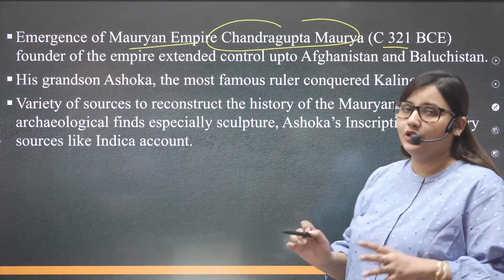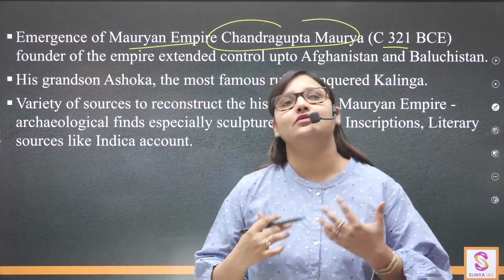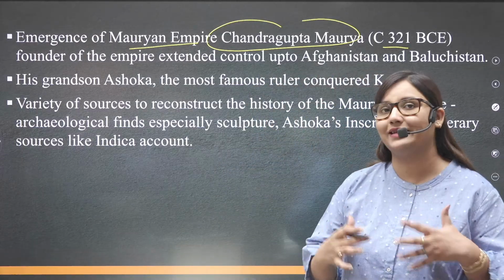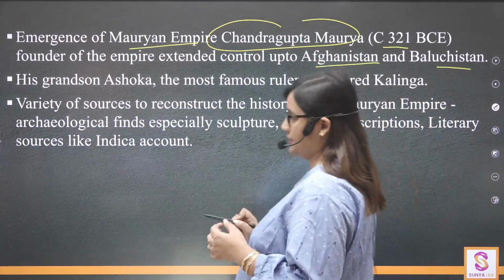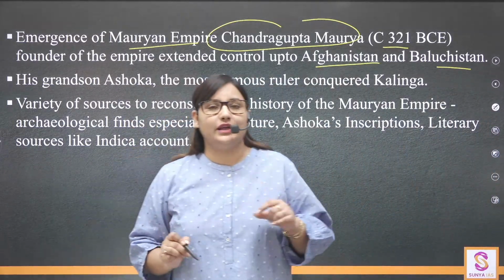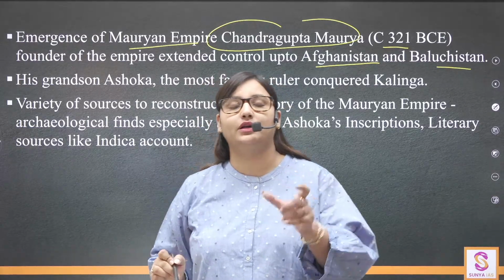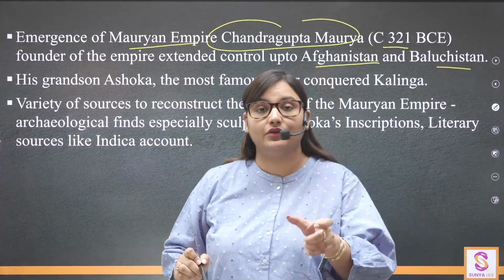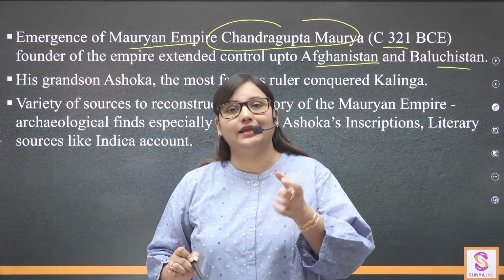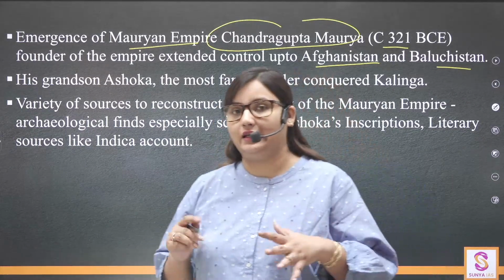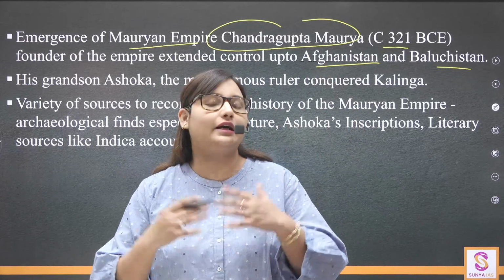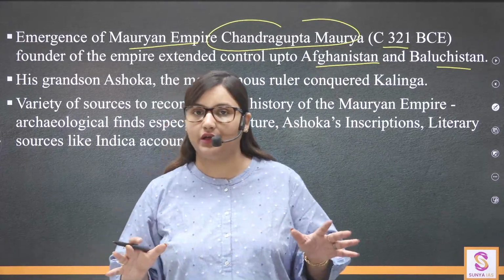Chandragupta Maurya is considered the founder of the empire, and he extended the control up to Afghanistan and Baluchistan. Okay, so we need to see how Chandragupta Maurya became the founder, after which Bindusara will come, and then Ashoka will come.